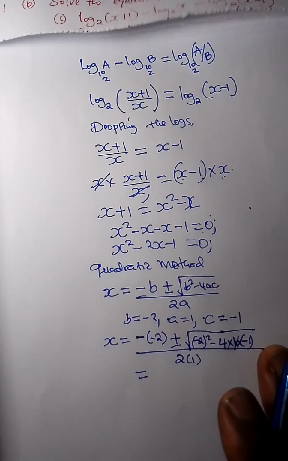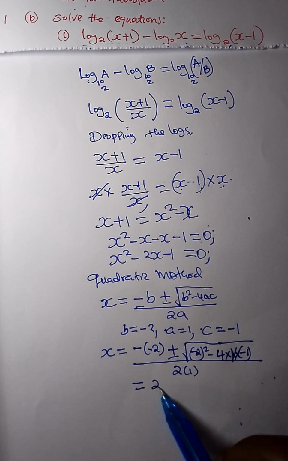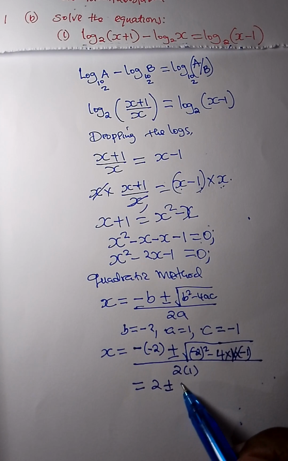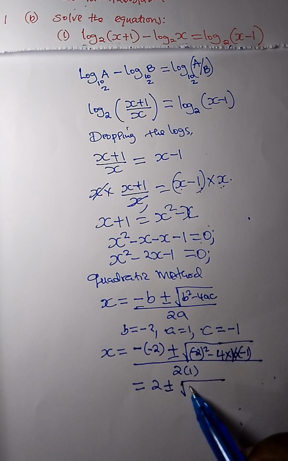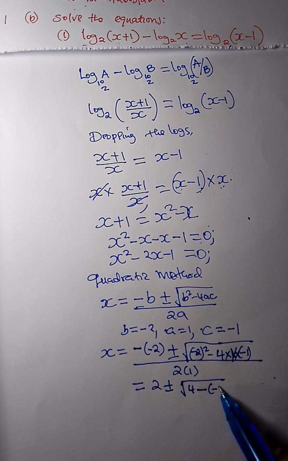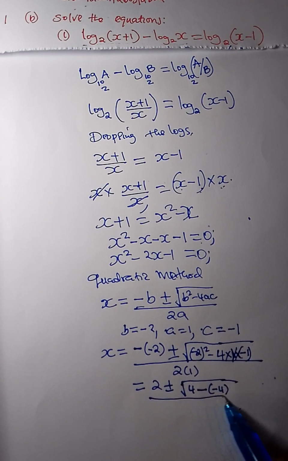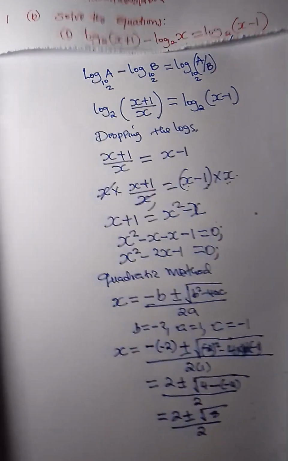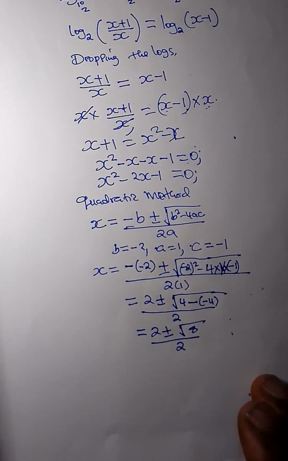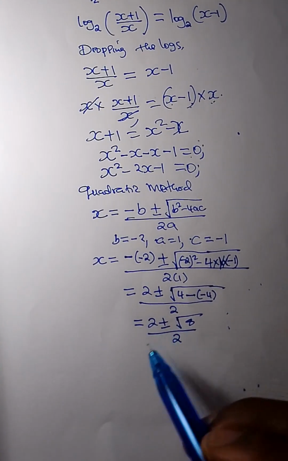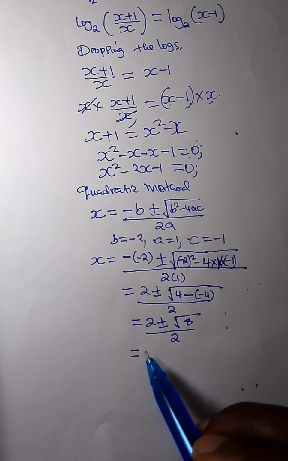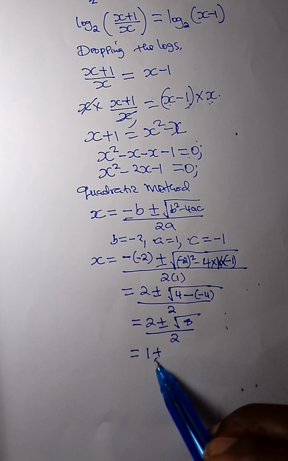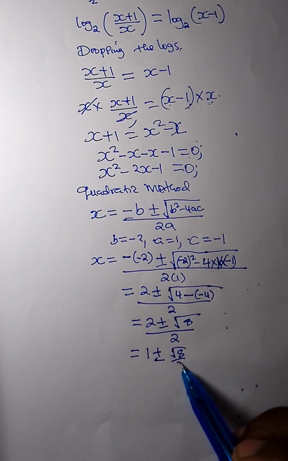So that will give us 2 plus or minus the root of 2 squared, which is 4, minus minus 4, divided by 2. So this will give us 2 plus or minus the root of 8 over 2. Therefore we are going to divide all here by 2, so we shall have 1 plus or minus root 8 over 2.